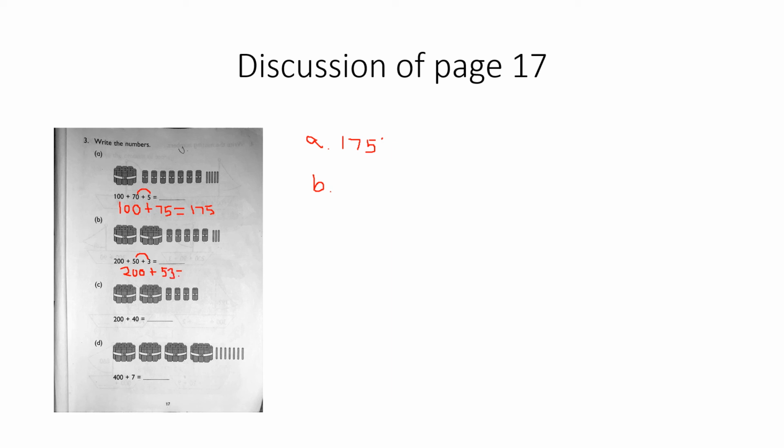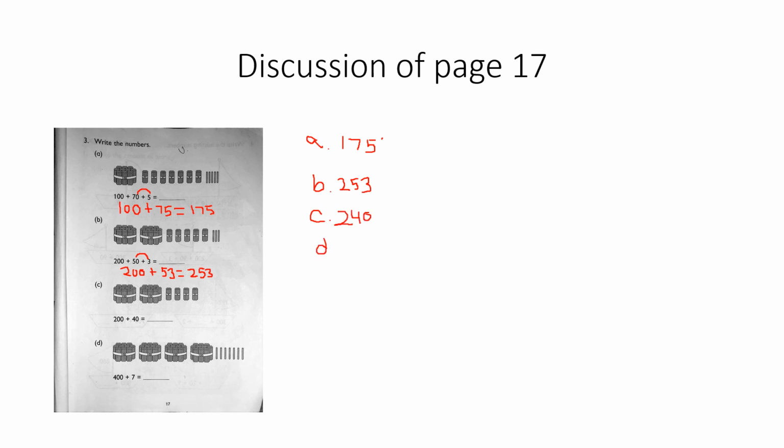And what's the total? 200 plus 53 is 253. There you go. So that would be the answer. 253. Let's do letter C. 200 plus 40. That's easy. 200 plus 40 is 240.